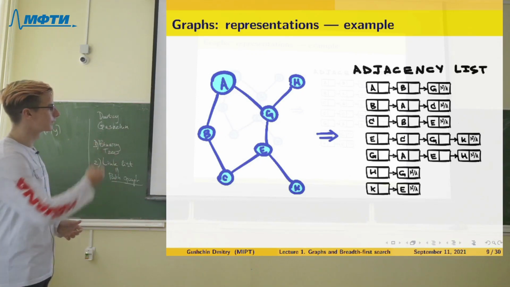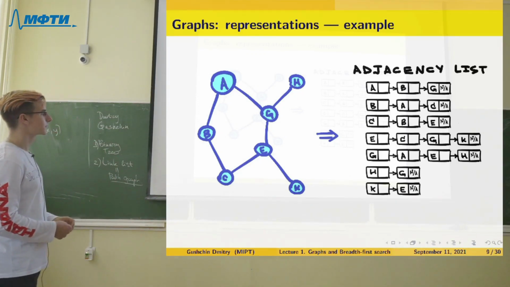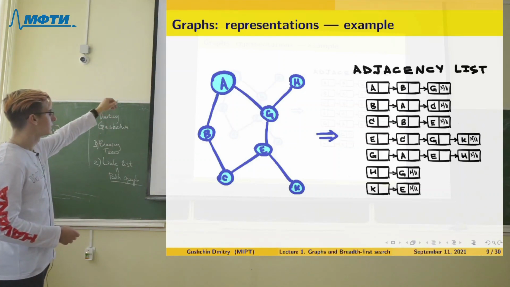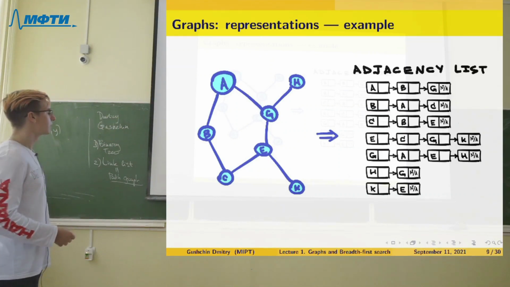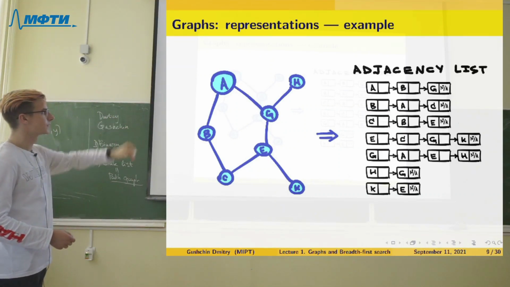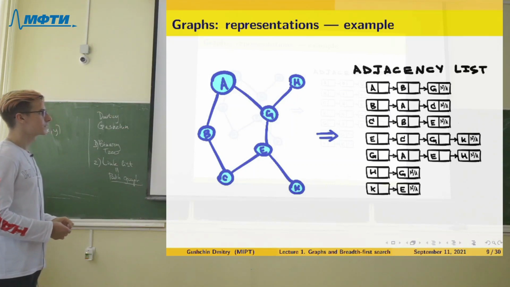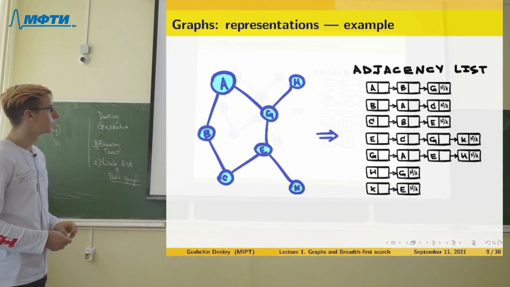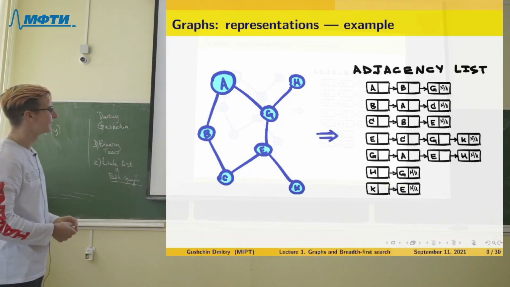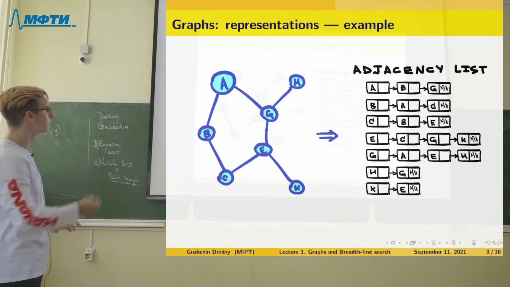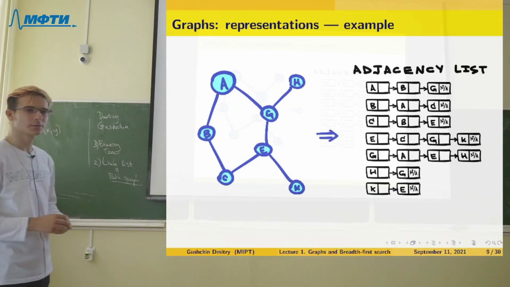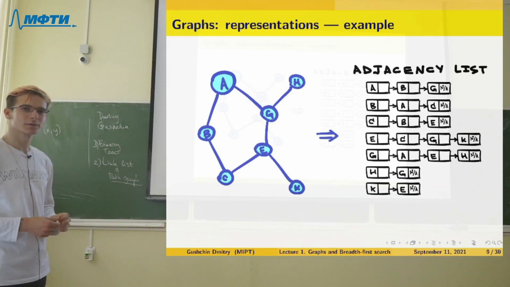For example, in the first row, we see on the figure that A is adjacent to B and G. So in the linked list, in the first row, we see B and G nodes, and so on. The other rows are the adjacency of each vertex. Do you have any questions?